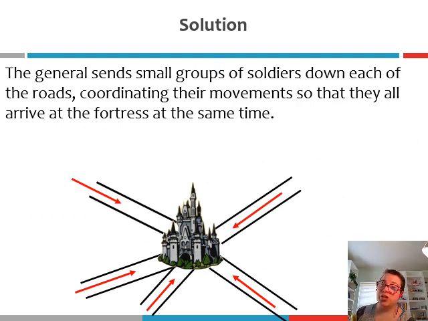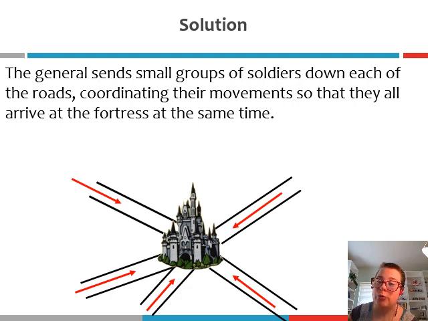Well, the solution, right, is identical to the solution for the radiation problem. So the solution is to send small groups of soldiers down each of the roads, coordinating their movements so that they all arrive at the fortress at the same time. Right?